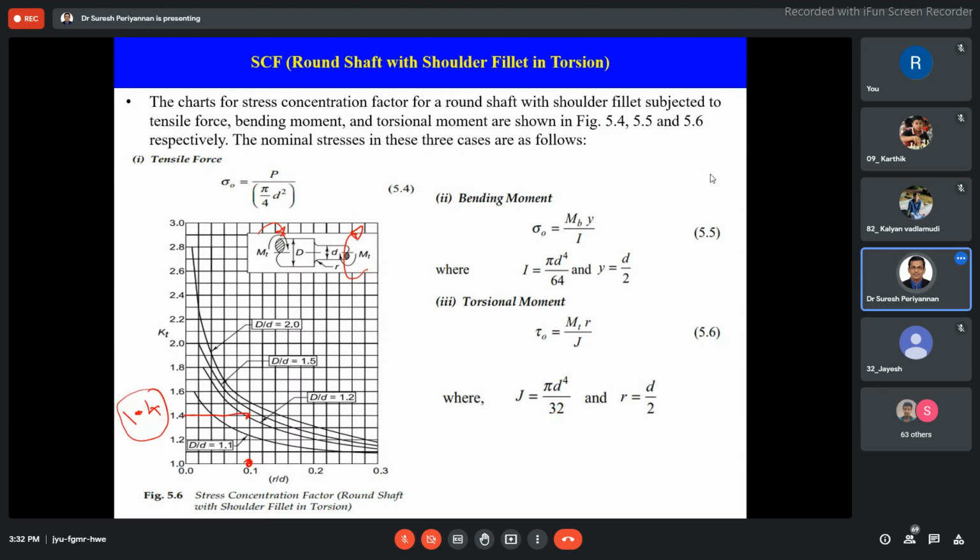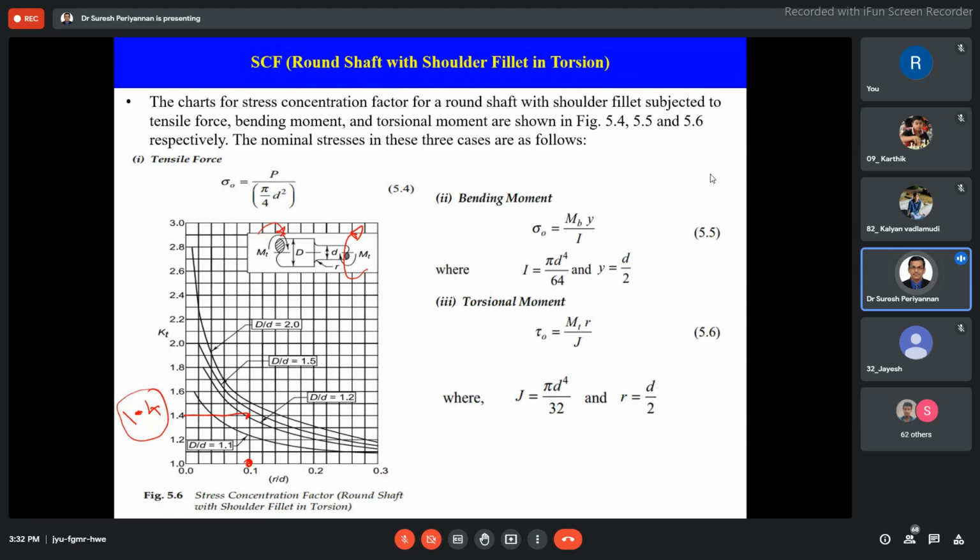The third graph covered tension of the round bar with fillet design, and based on the fillet and the shaft dimensions, the stress concentration factor for the circular bar subjected to tension.